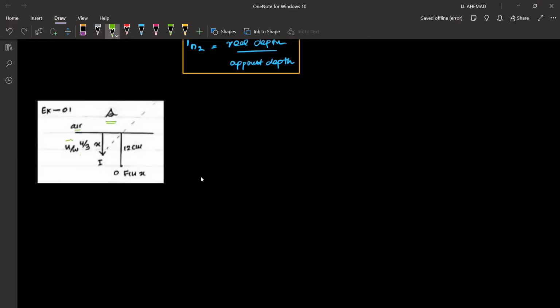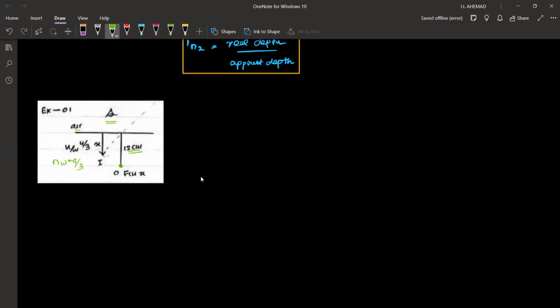The refractive index of water, NW, is 4 by 3, and the real depth to the object is 12 centimeters. Then you have to find the apparent depth.